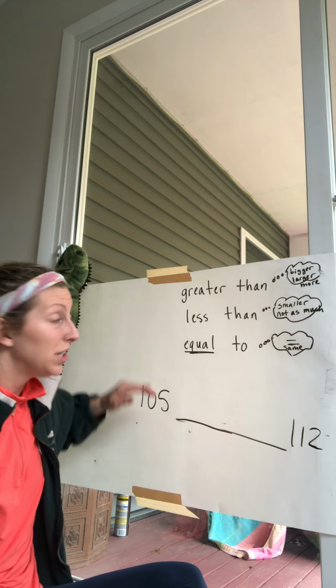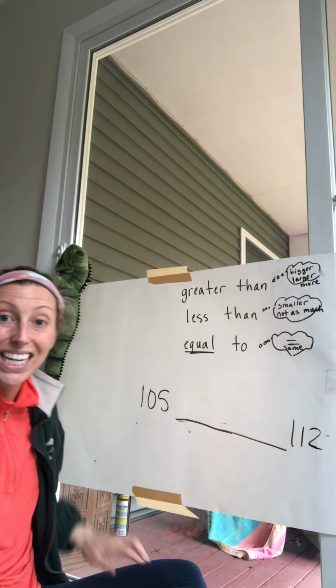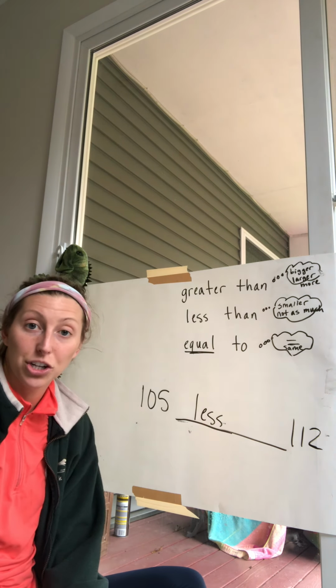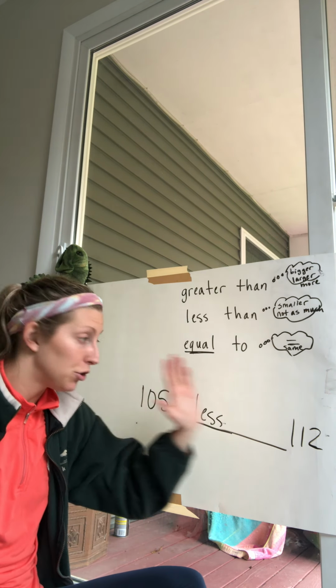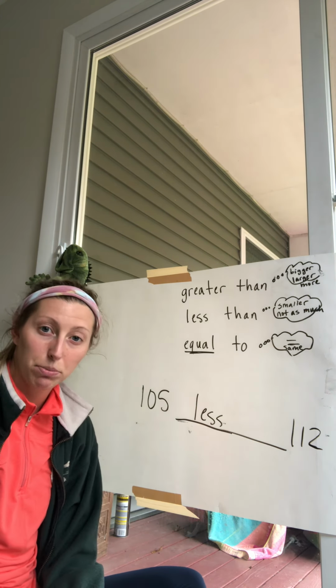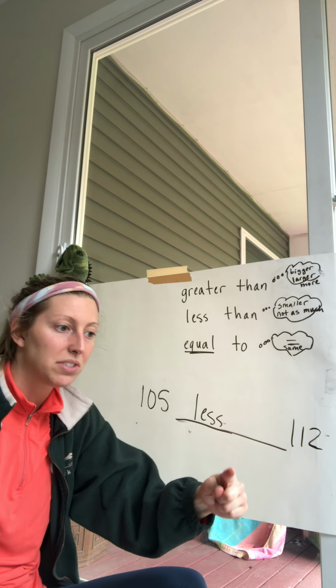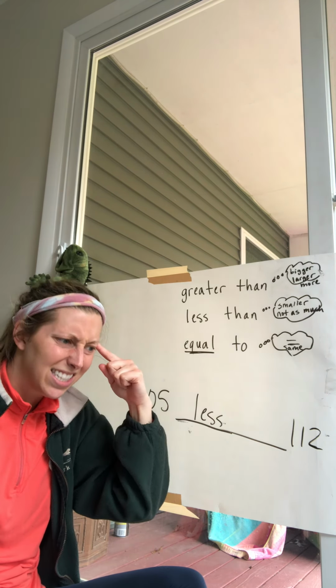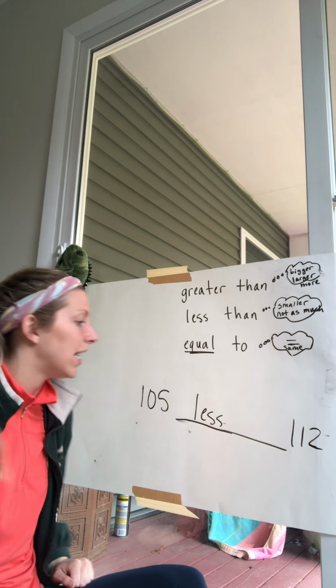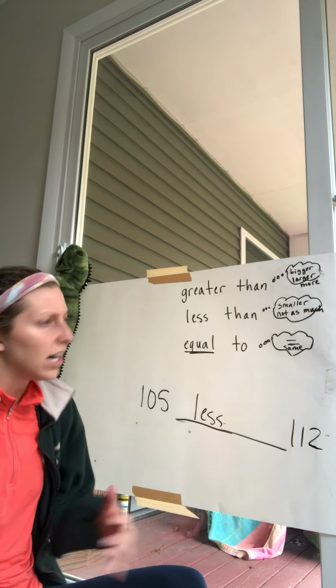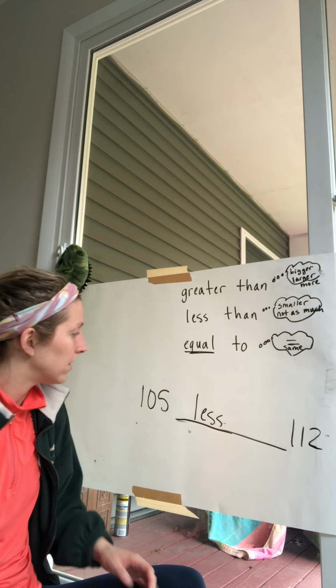You're right, it switched from greater than to less than. 105 is less than 112. When you read it left to right, does it make sense in your brain? I sometimes read it out loud because I can hear myself say it. Does that make sense when I say it out loud? That's when I know. Because when I say 105 is less than 112, I'm like, yeah, it is less. It's not as much. Excellent.